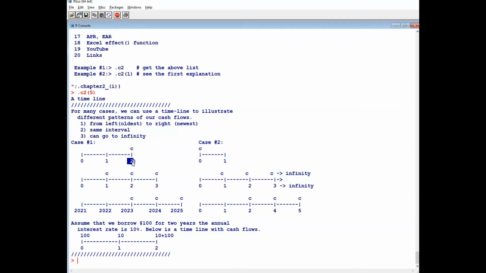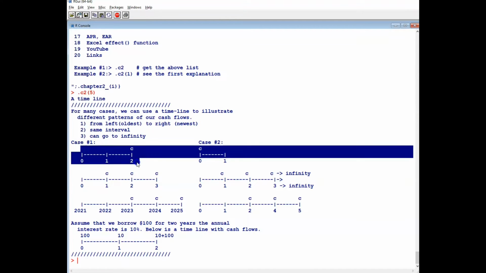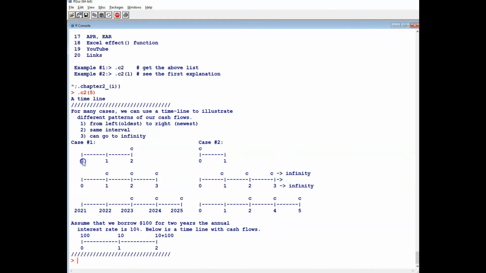What is the equivalent present value? We're given a future value, and we calculate the present value. For present value, we usually use time 0. Time 0 stands for today. So this is what I call case number 1.